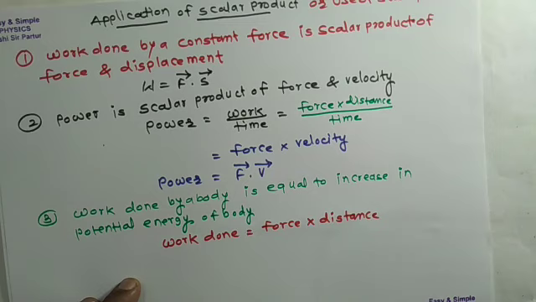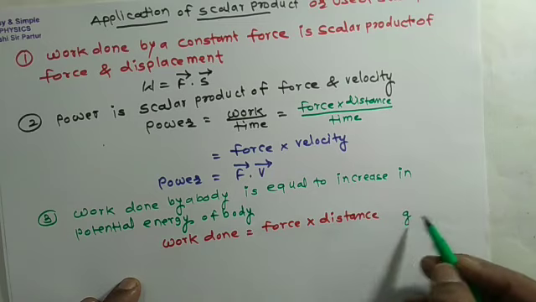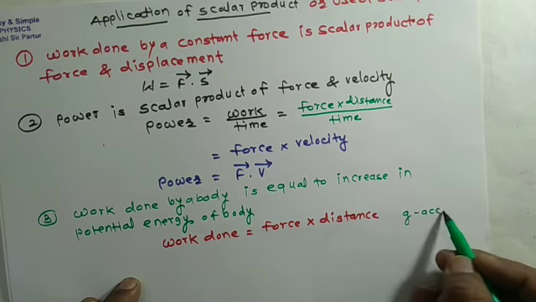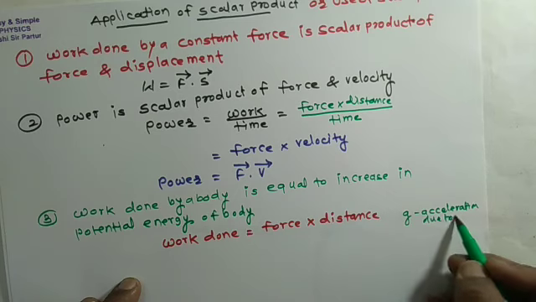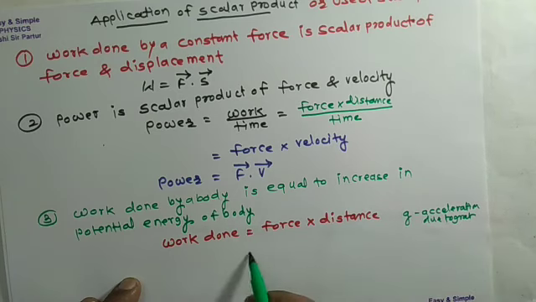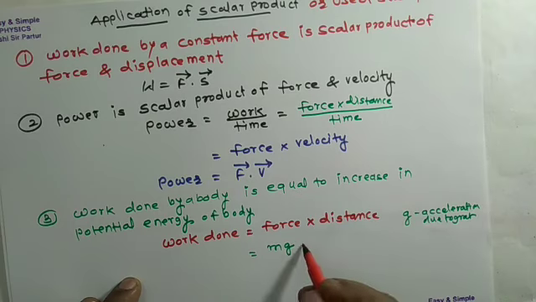So we know that if small g is acceleration due to gravity, force will be m into g and distance will be h, that is height.